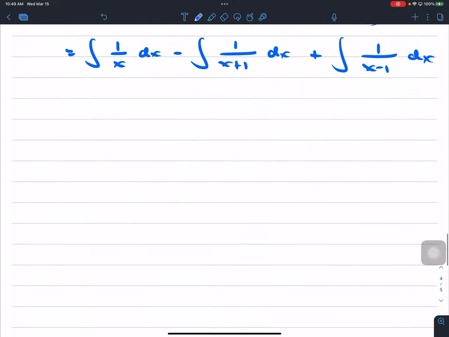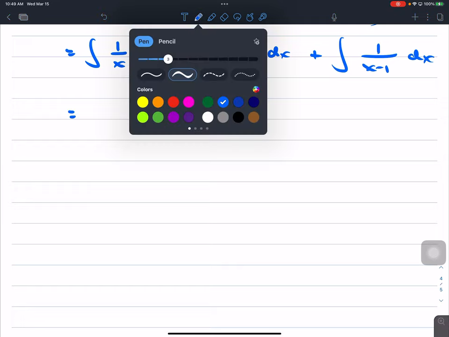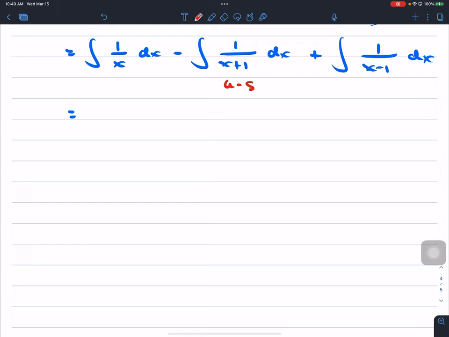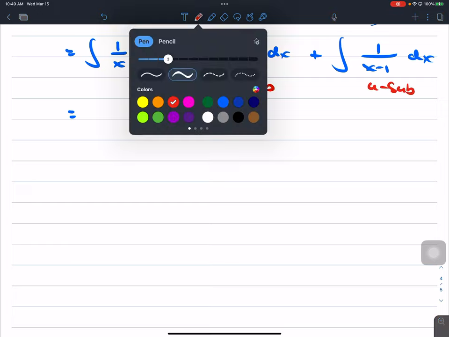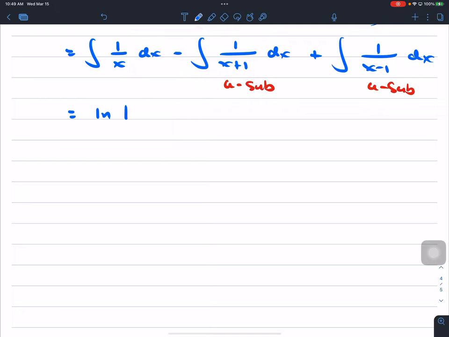Are these easier to integrate? All right, what's this going to be? Remember, over here you're going to use u-sub. Over here, u-sub. What do you get? Natural log absolute value of x minus natural log absolute value of x plus 1 plus natural log absolute value of x minus 1 plus that constant. And then, ladies and gentlemen, do you remember by properties of what?